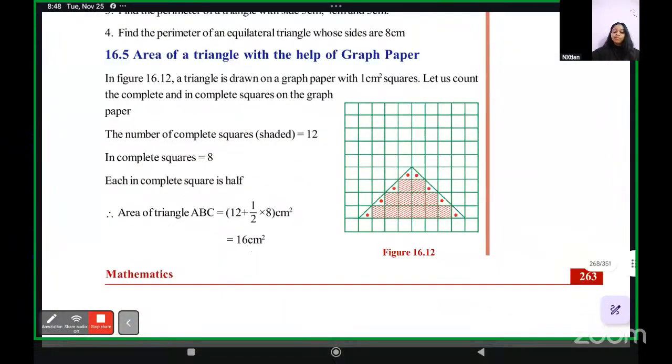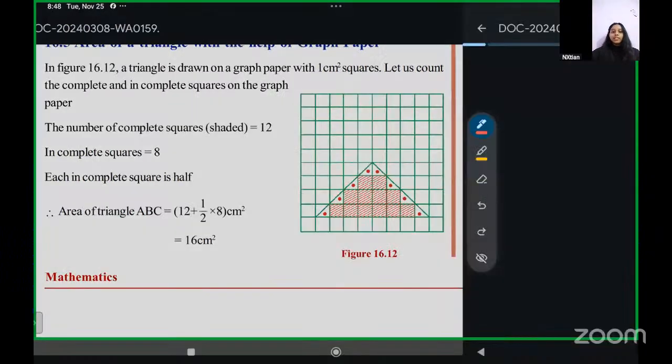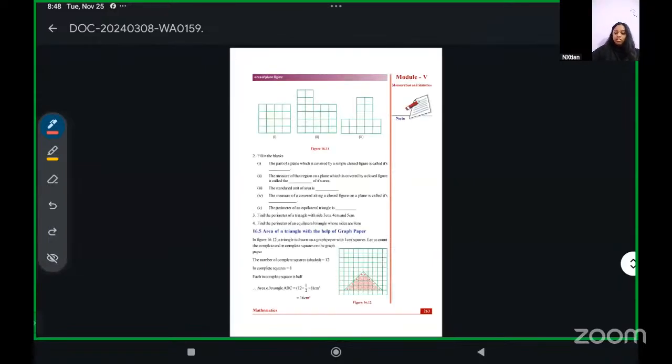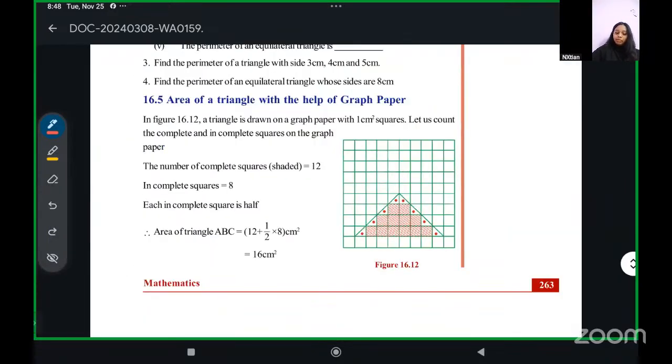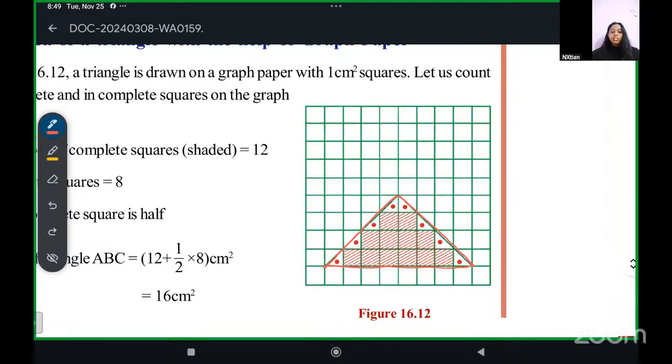Hope you can see. Now, when we have to find out the area of a triangle using graph paper, suppose this is my triangle, and I have to find out its area using the graph paper.